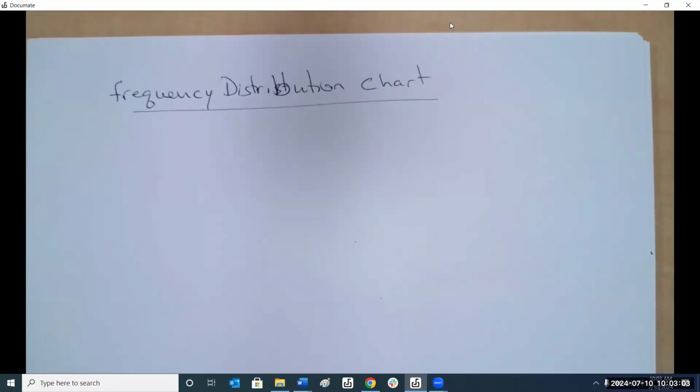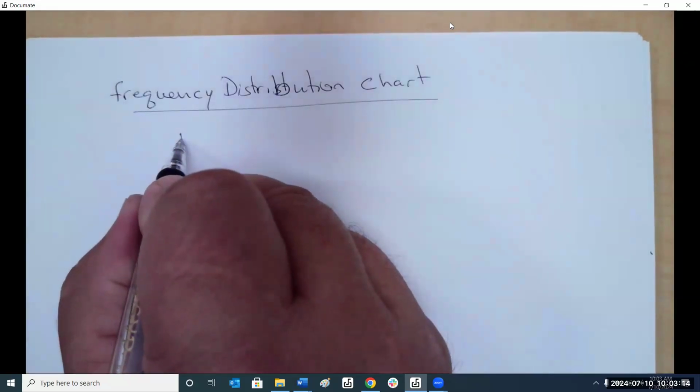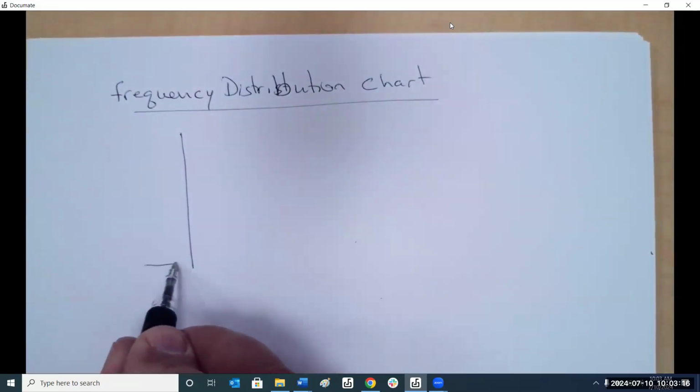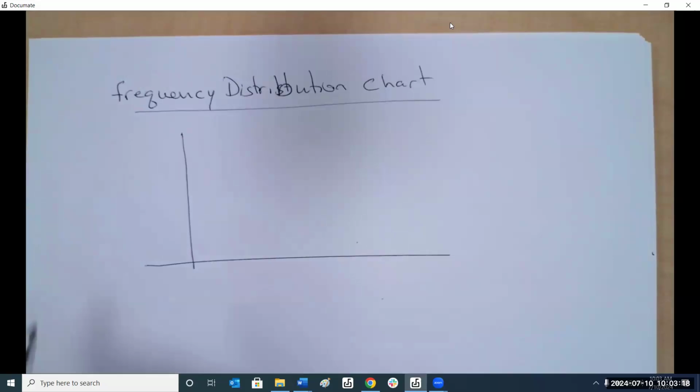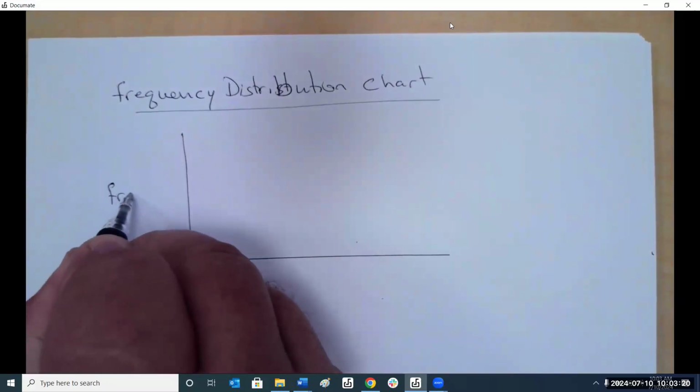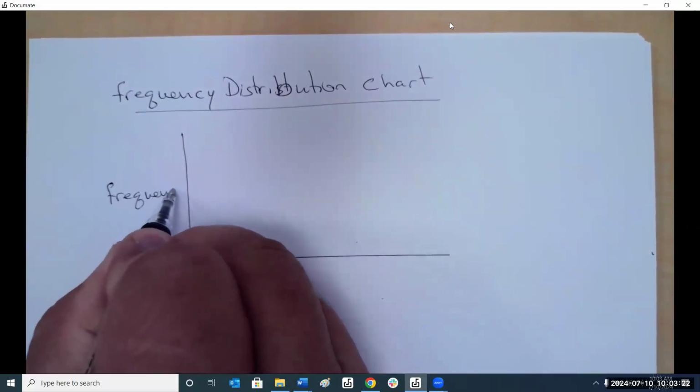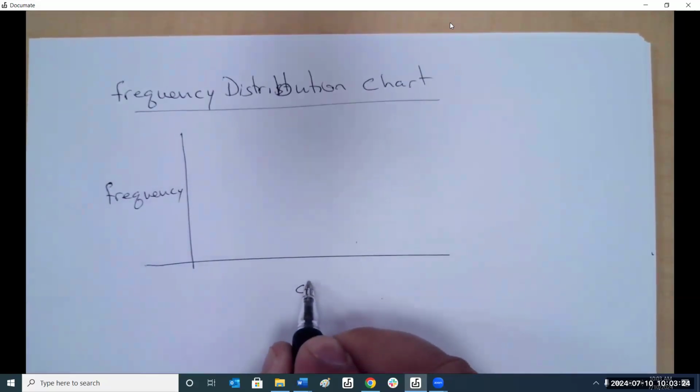What do you think is going to represent? This is the frequency, and this is the class.